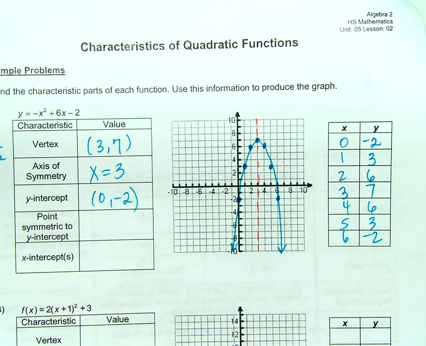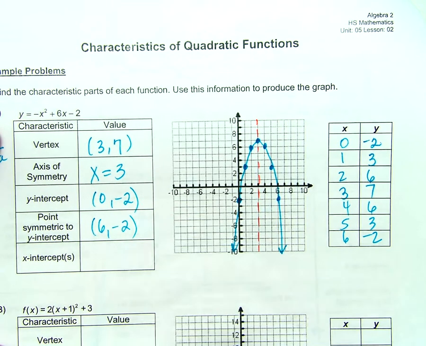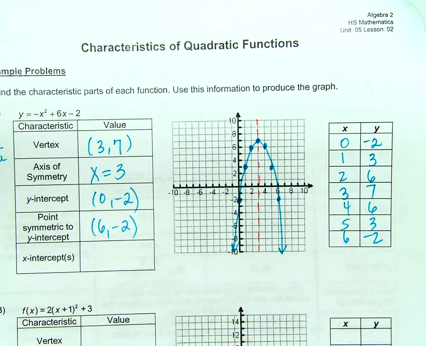What point has the same y value but is on the other side of the axis of symmetry? Six, negative 2. And where are the x-intercepts? Are they easy to see? No. Okay? When they're not easy to see, we have a couple choices.